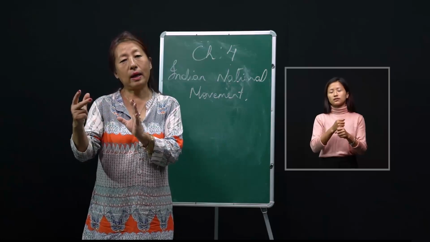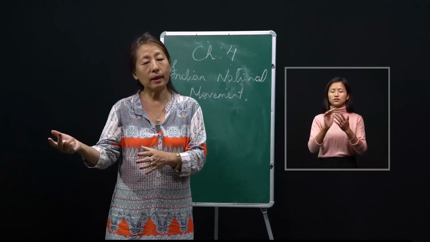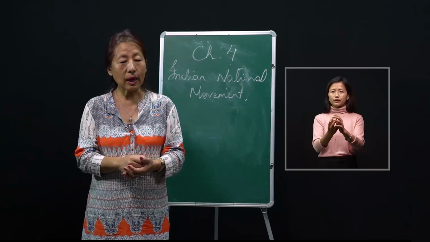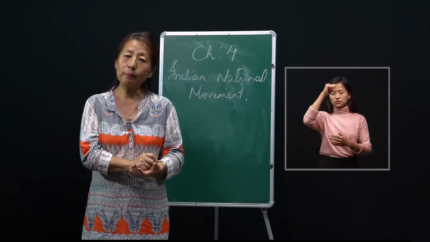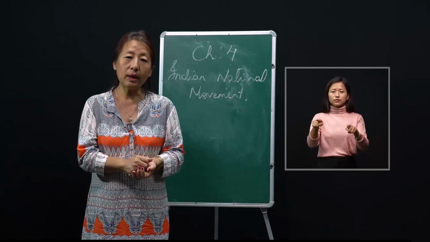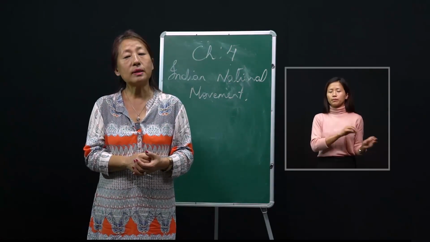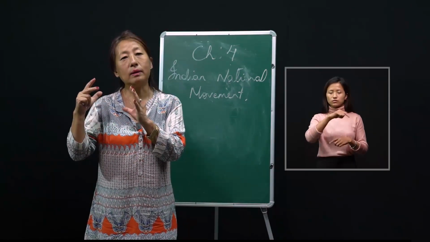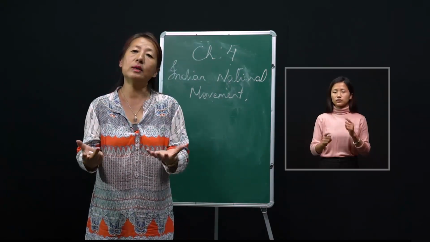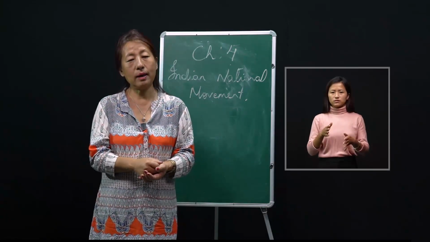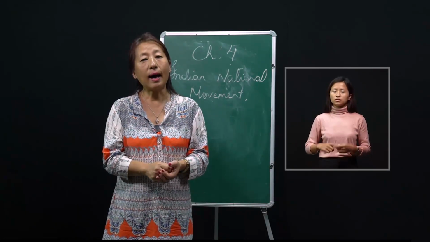Here the government promised that they will free all the Indian prisoners, and Gandhiji agreed to call off the civil disobedience movement and to attend the first round table conference. But in the conference, Gandhiji came back empty-handed because nothing could come out of it. They could not come to an understanding.